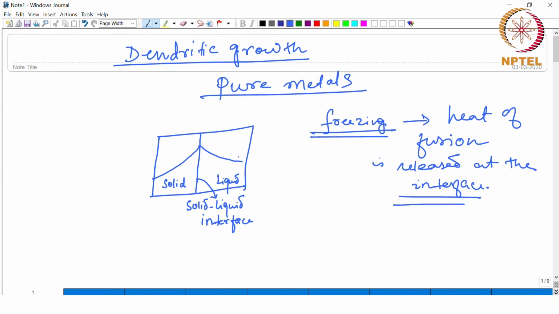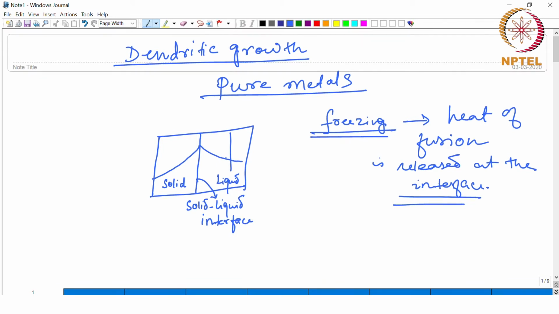Okay. This is because of the fact that I said before that this heat of fusion is released into the interface, and the liquid is actually undercooled or supercooled, right. So, considering these two aspects, you can say that the liquid in front of the interface will be at a lower temperature compared to the interface. Okay.